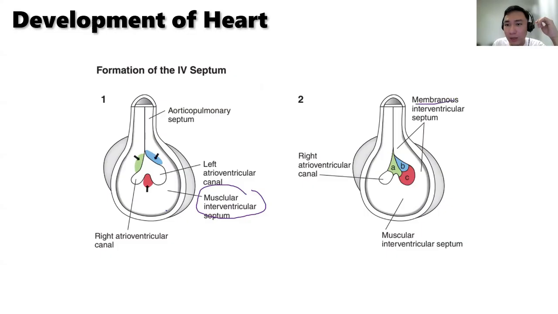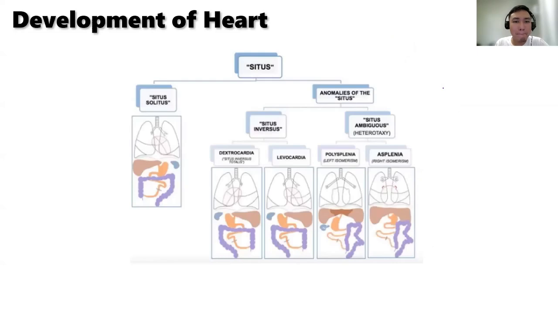And you also have what we call your membranous interventricular septum, which is thinner. So if this is the right ventricle and your left ventricle, the thick part here that comes from the muscular wall of the ventricles is your muscular interventricular septum. The small portion here, which did not come from the muscles of the ventricles, is your membranous interventricular septum. Okay? So, some abnormalities.